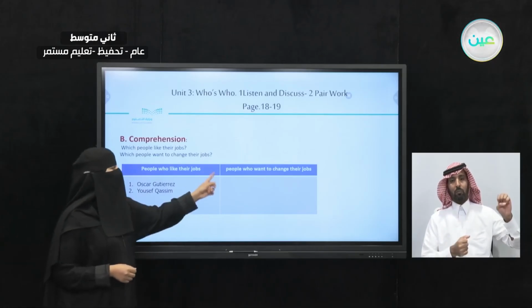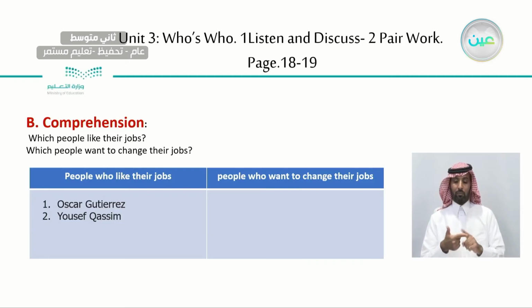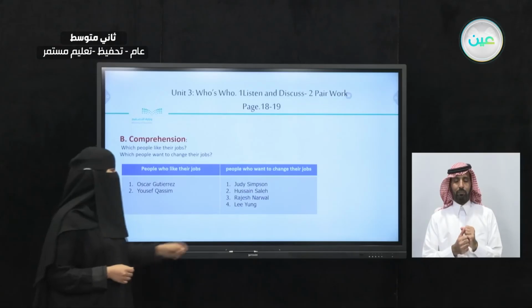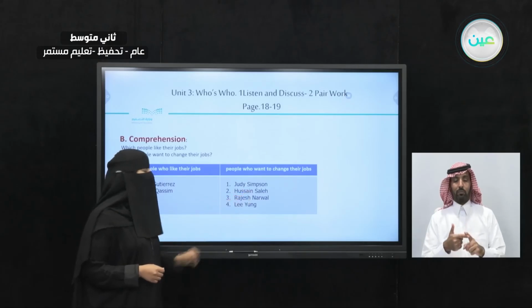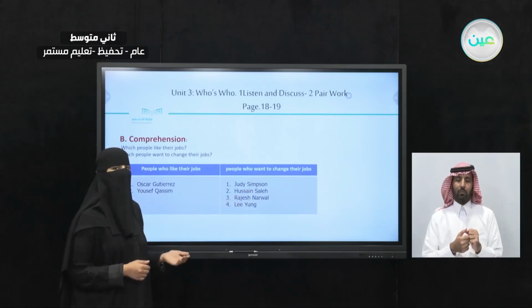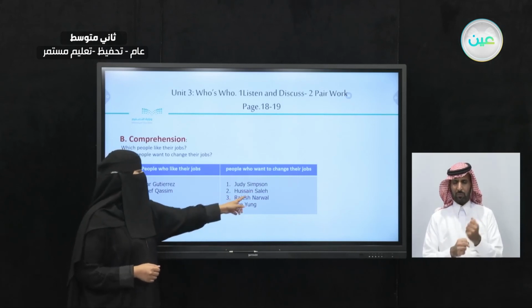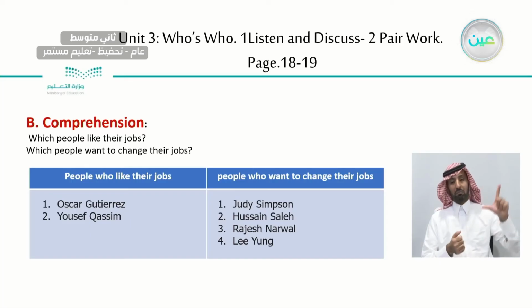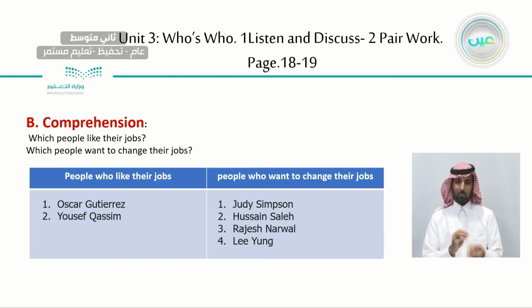What about the people who want to change their job? Judy Simpson would like to change her job to be a child psychologist, and Hussein Saleh is also trying to change his job. That's why he's studying at night. Rajesh Narwal also, and Lee Young. These people would like to change their jobs.